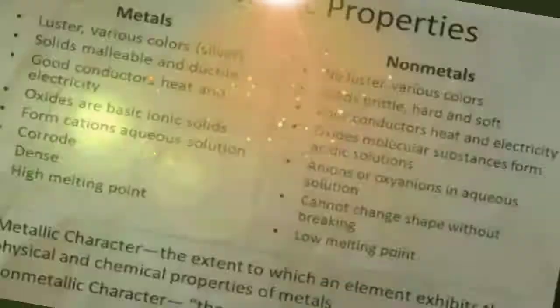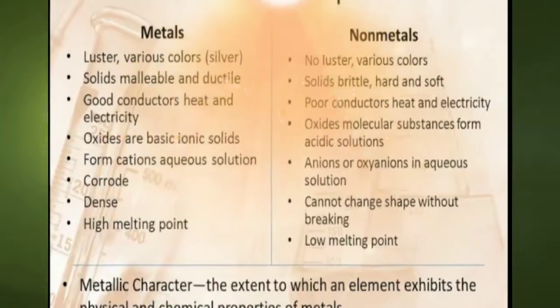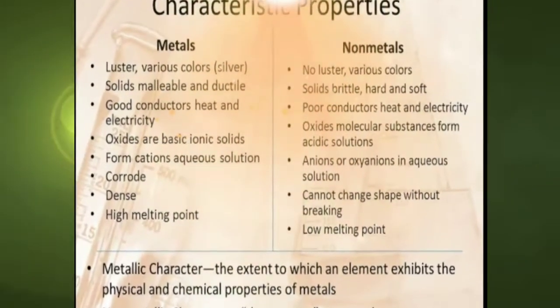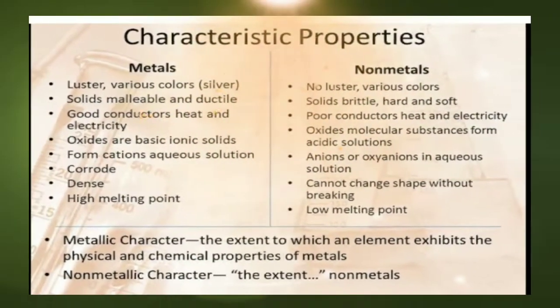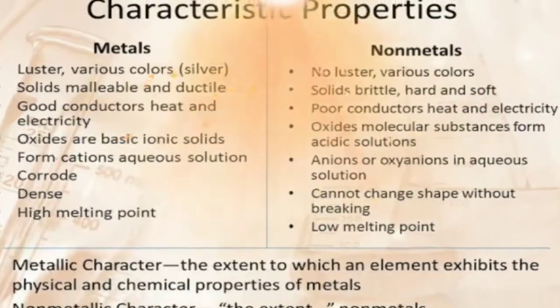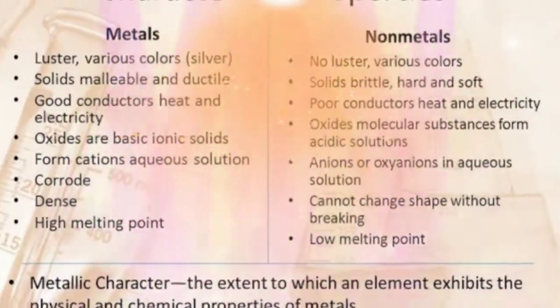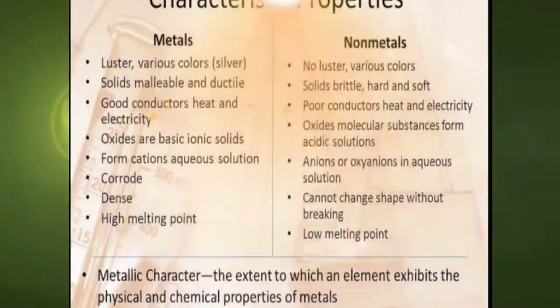See the differences between them, students. Metals have luster and various colors like silver. Non-metals are not lustrous and various colors are available. See the second, metals are solids, malleable and ductile, whereas non-metals are solids, brittle, hard and soft. Good conductors of heat and electricity are metals.